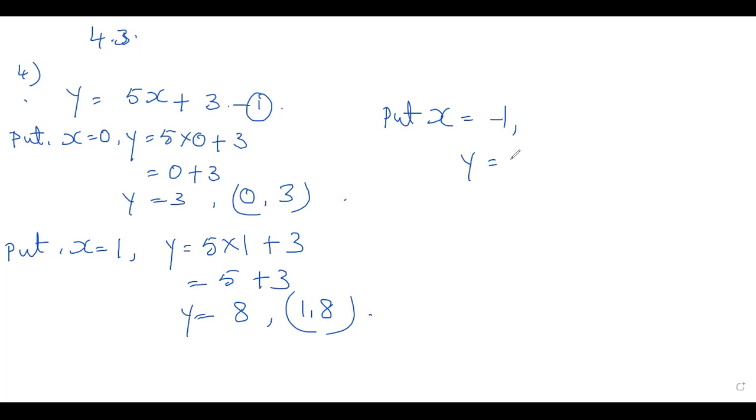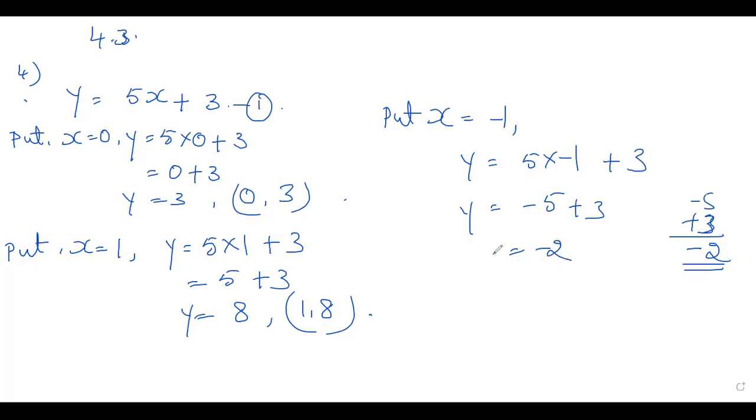Then y is equal to 5 into x, that is minus 1 plus 3. Then 5 into minus 1 is minus 5 plus 3. Minus 5 plus 3, opposite signs are there. So subtract the number. Big number has minus sign. So it is minus 2. What are the points here? Minus 1 and minus 2.